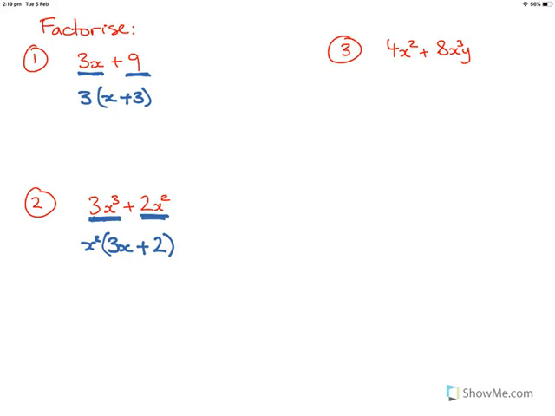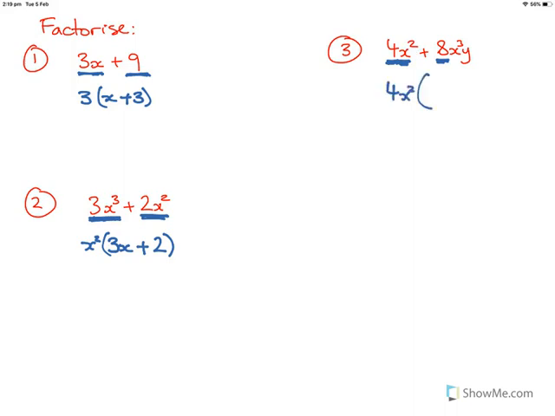Example number 3. We've actually got 2 things in common. I can see that there's a 4 there, and 8 is a multiple of 4, so I can take out 4, but also there's x's, there's 2 x's there, 3 x's there, so I can pull out 2 x's. So 4x squared.